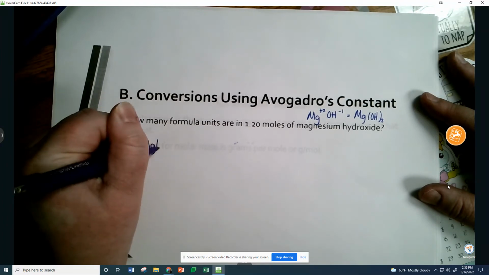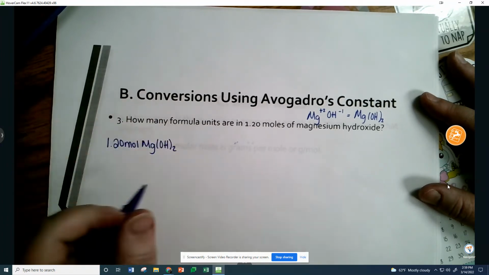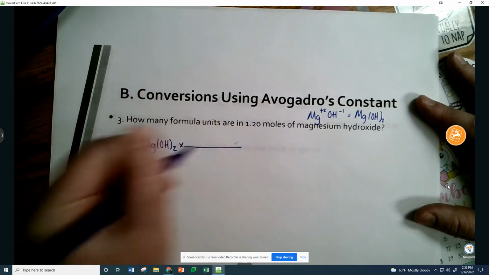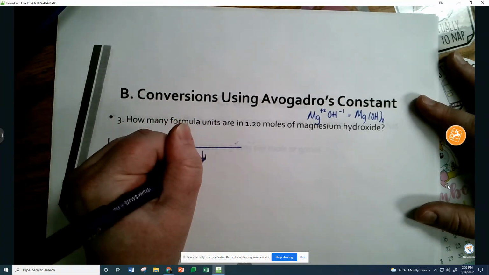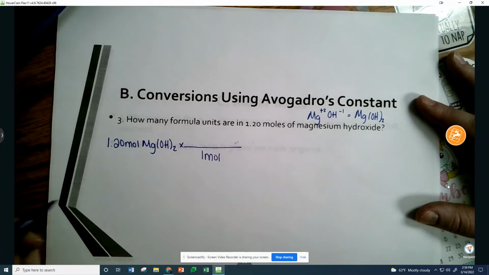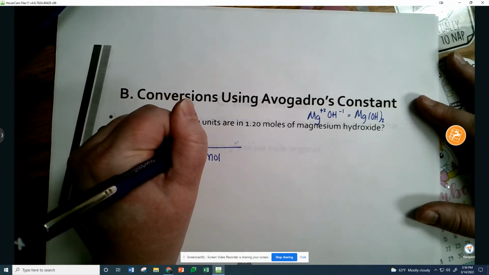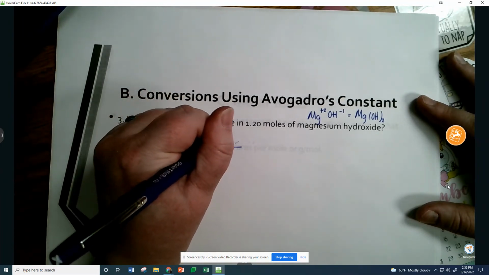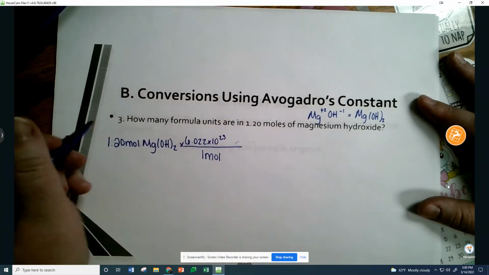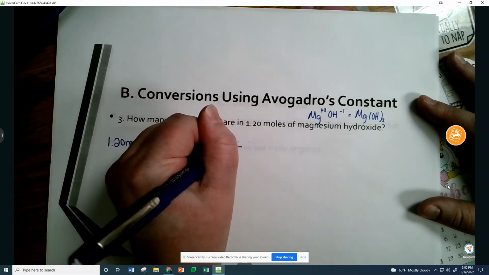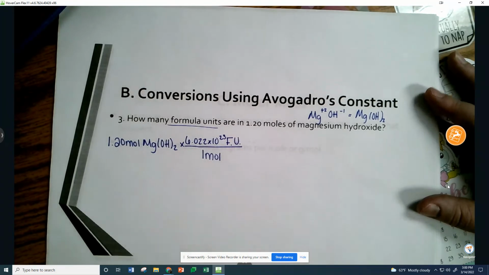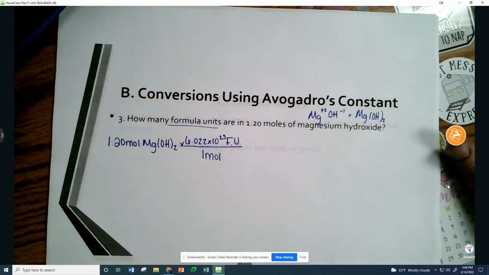Again, I'm going to include the what. Because my given is in moles, I must divide by 1 mole, and that puts Avogadro's constant in the top. So this has a very classy abbreviation, so formula units. And then from here, we're going to multiply.